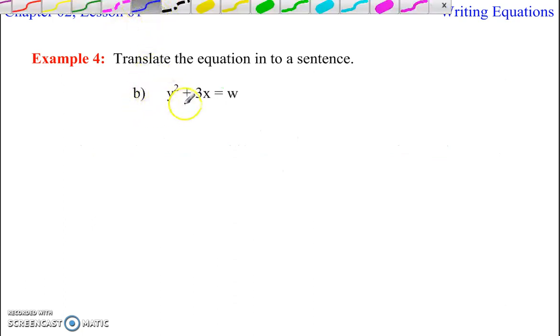And then finally here we have y squared plus 3x is w. So I could call this increased by, I could call this the sum of, I'll just use increased by this time.